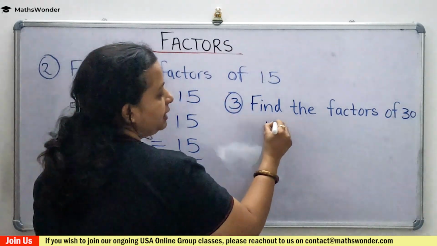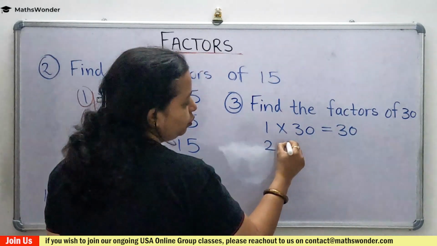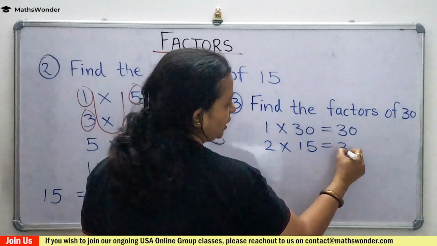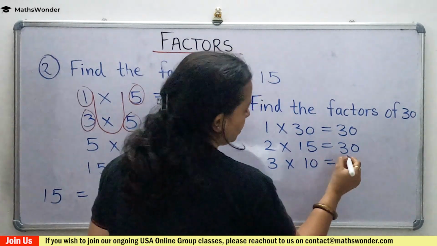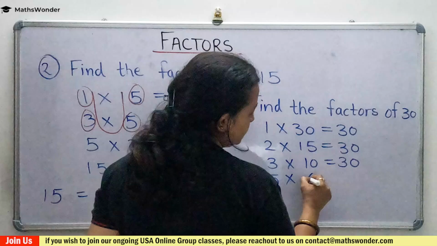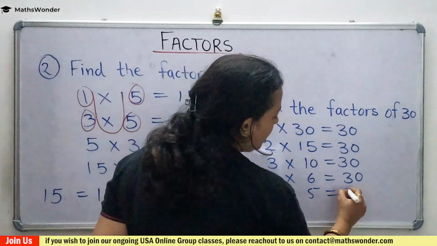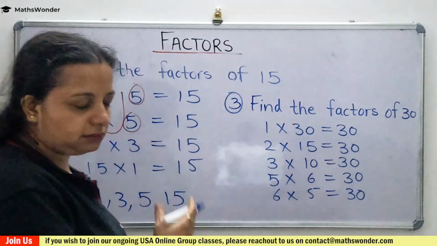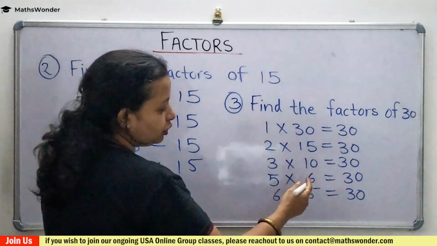So 1 times 30 will be 30. Yeah. 2 times 15 will be 30. 3 times 10 will be 30. 4 times will give 30? No. 5 times 6 will give 30. 6 times 5. See, the others you will not make a factor because it will come automatically from here.